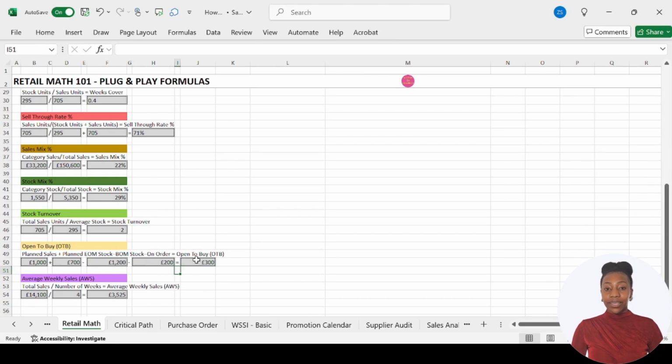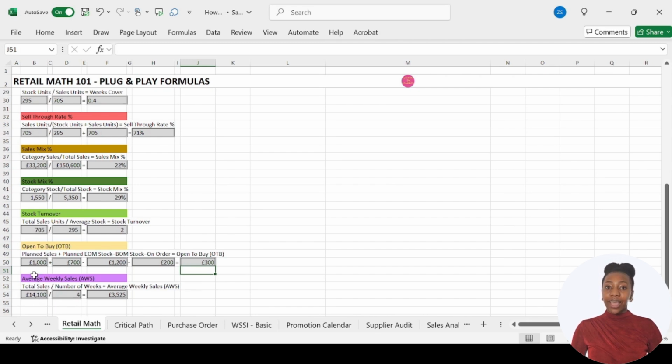And we can see here what we have as open to buy is £300. So we would go and we would rebuy or plan a new range with this budget in mind. And then in the next 4 weeks or the next few weeks, we would review it and look at it again. And that's how we keep that rolling.